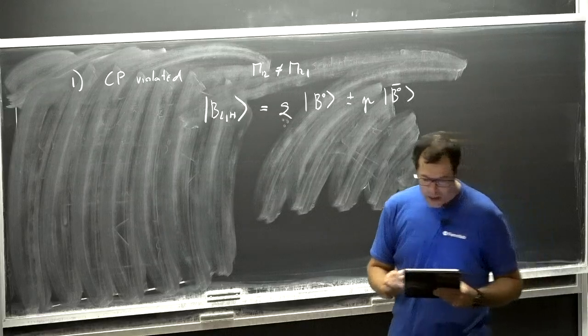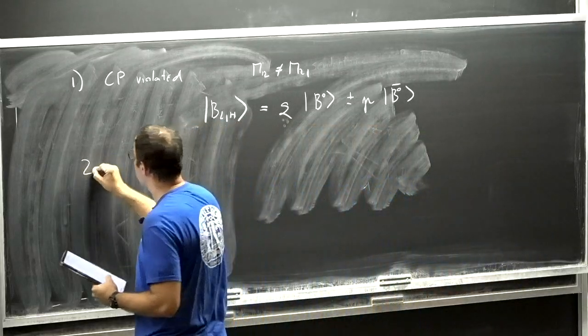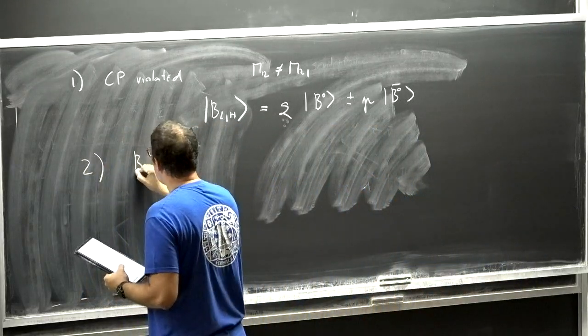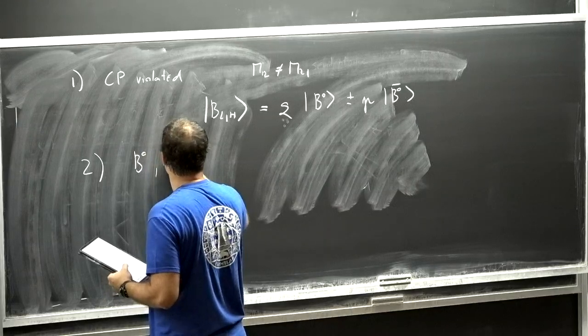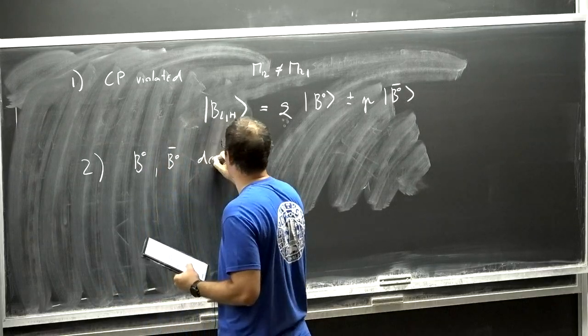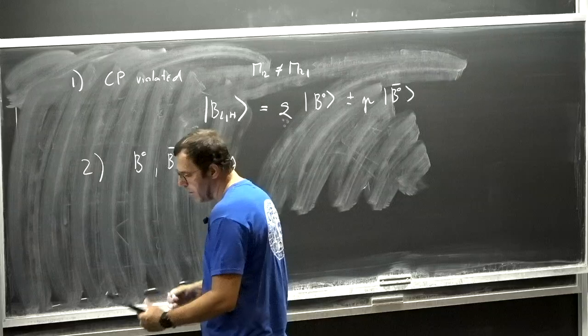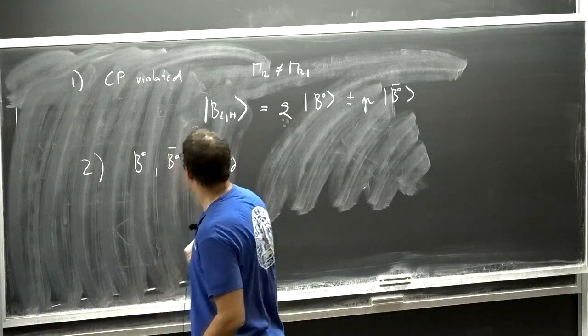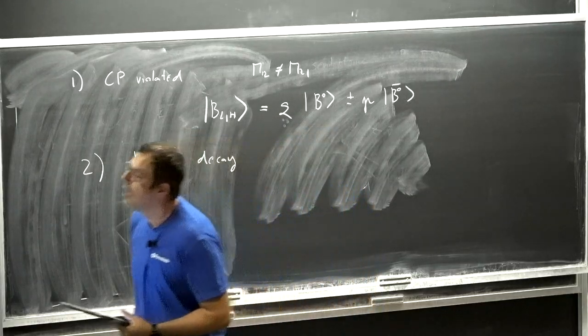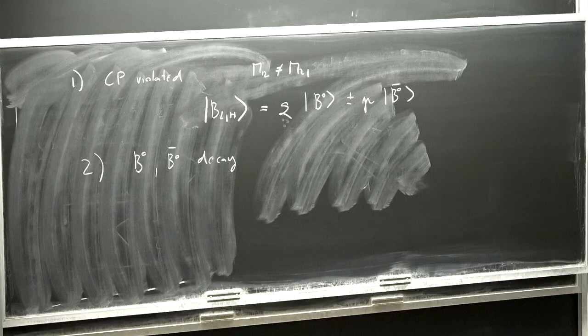All right. And the second complication is B0 and B0 bar decay. All right, so I completely forgot about the decays. So before, this was a closed system, it didn't decay. So this would be a Hermitian matrix.